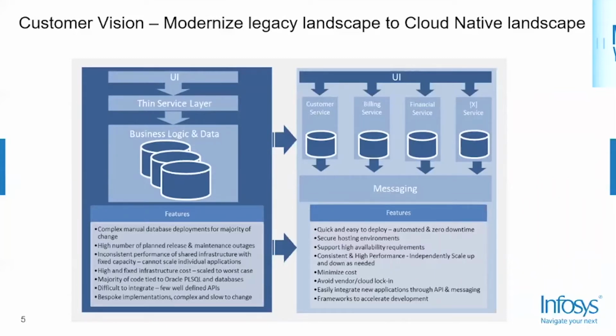We spoke about some of the issues a while ago, and this is the high-level view of how they want to break down their existing monolith Oracle-based business logic and data structures into cloud-native microservices, leveraging the cloud-native architecture to sort out their current problems.